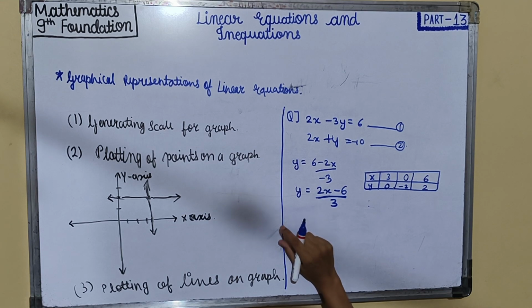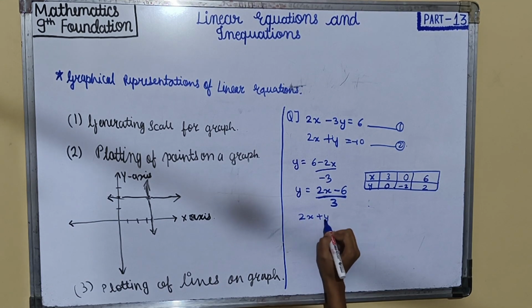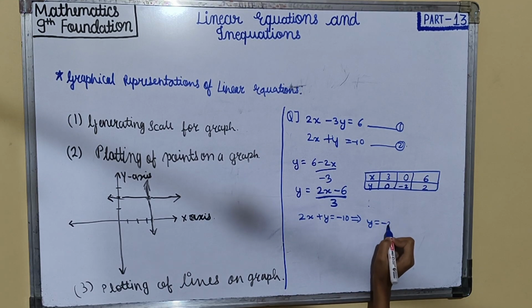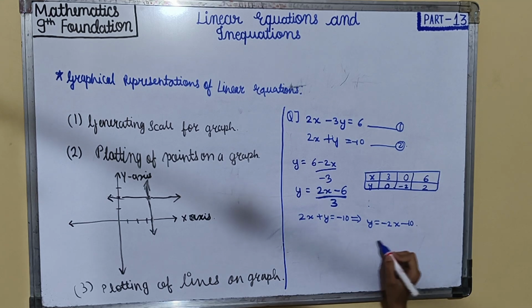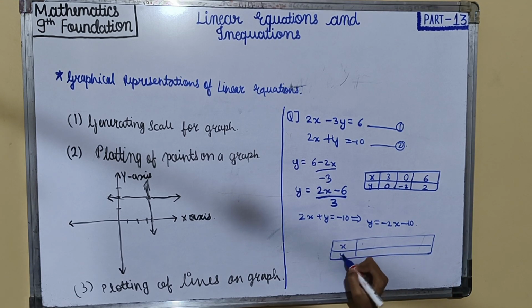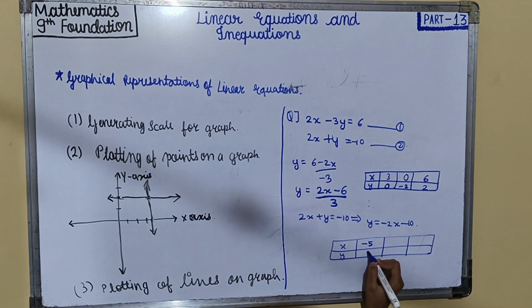So the ordered pairs which satisfy the equation 2x plus y is equal to minus 10, and from this y is equal to minus 2x minus 10, are minus 5, 0, minus 4, minus 2.